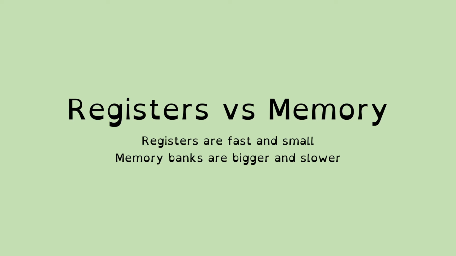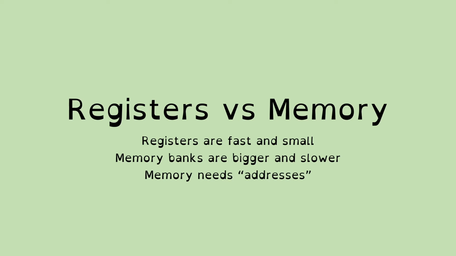Generally in the use of these things, registers change value very, very fast and very often. Memory banks tend to hold data for longer periods of time. Again, we might be talking in some cases only for a few clock cycles, but in some cases for the duration of the program. You'll have that stored in the memory.